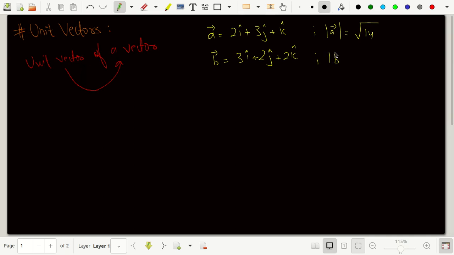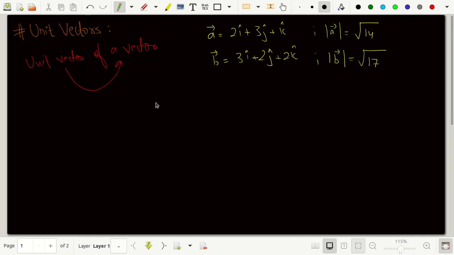So the magnitude of vector a is root 14. For vector b, 3 square is 9, 2 square is 4, and another 2 square is 4. So 9 plus 4, 13, plus 4 becomes 17. This is the magnitude of vector a, and this is the magnitude of vector b.